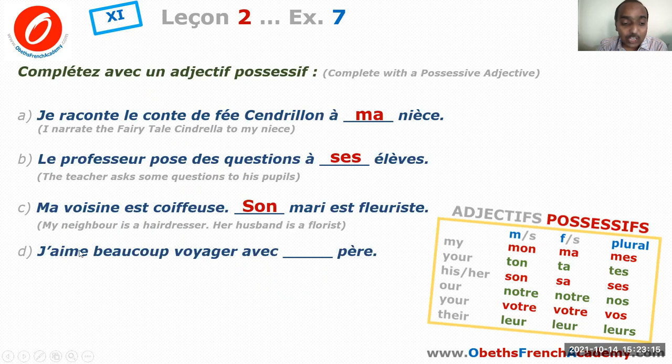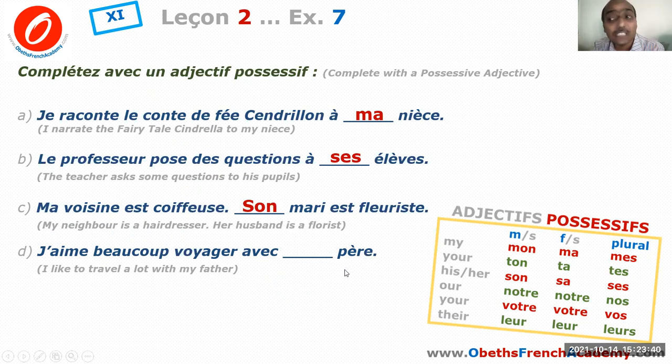Number 4. J'aime beaucoup voyager avec dash père. I like to travel a lot with dash father. I like to travel a lot with my father. Why are we saying my? Because in the subject we are using the subject pronoun I. So which mine? You should never think père ends with an E, so it's a feminine noun.